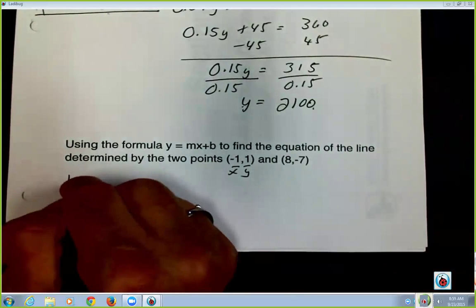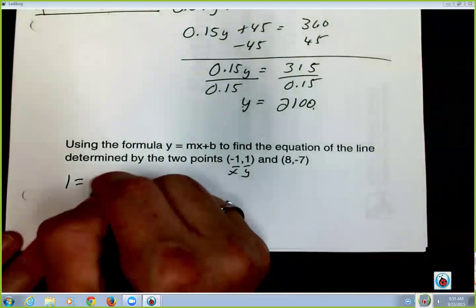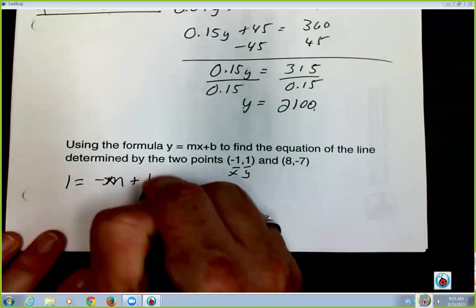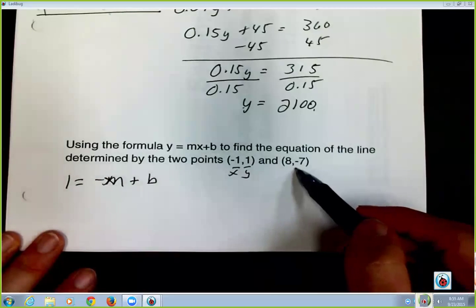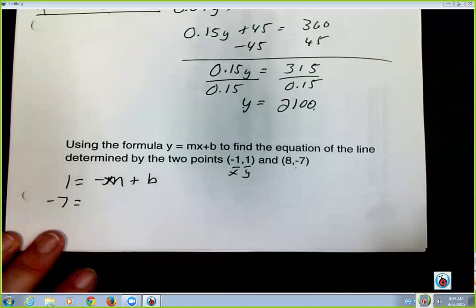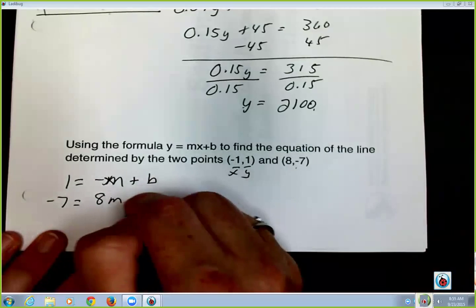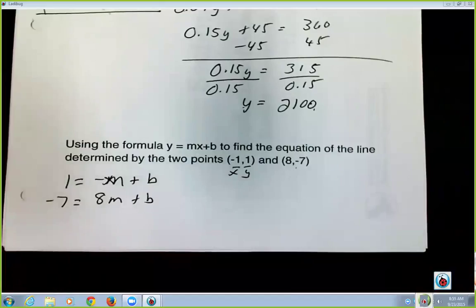So we have 1 is equal to negative m plus b. And the second equation, I have negative 7 is equal to 8m plus b. And then from there, solve it and see what your values are.